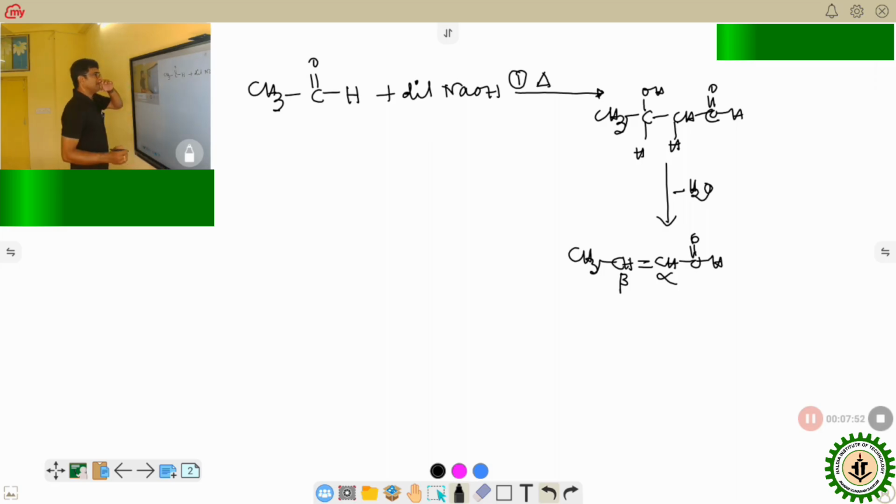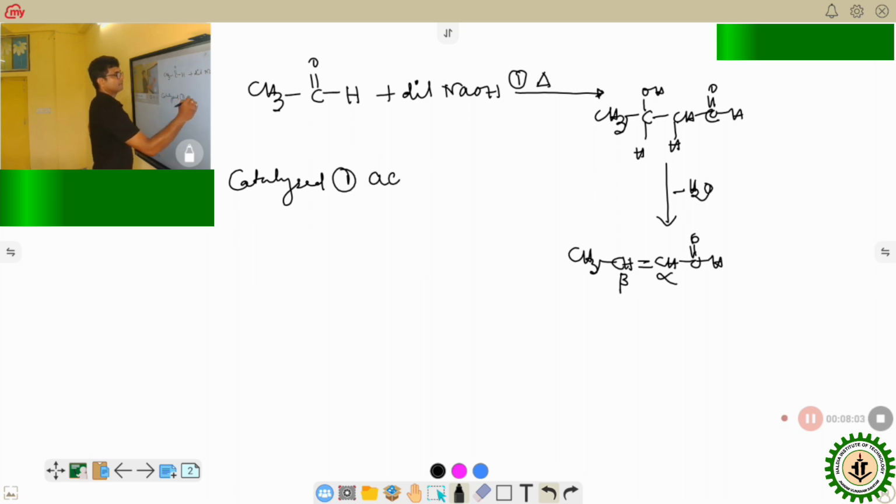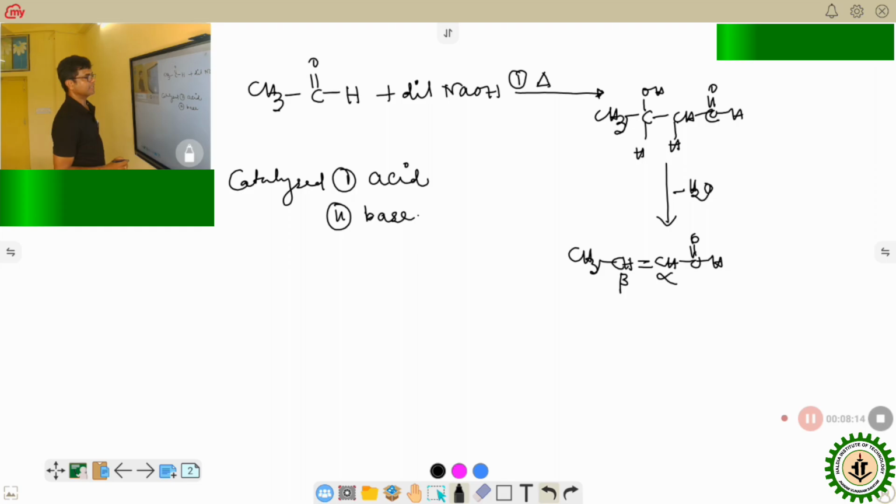Now this aldol reaction is catalyzed by, number one, acid, another is base. So base catalyzed Aldol condensation I have already given with mechanism, but in acid catalyzed Aldol condensation reaction, the product alpha beta unsaturated aldehyde or ketone is formed.